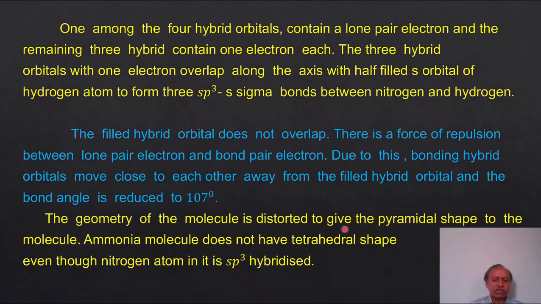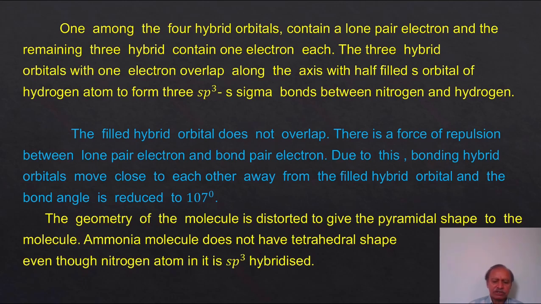In the case of methane it is tetrahedral because the orbitals are directed towards the corners of a tetrahedron, but here they are not directed towards the corners of the tetrahedron. Because of the force of repulsion, they are moving away from the filled hybrid orbital.